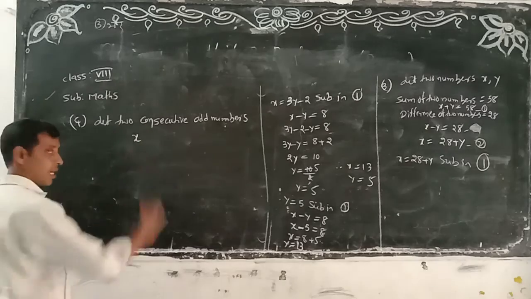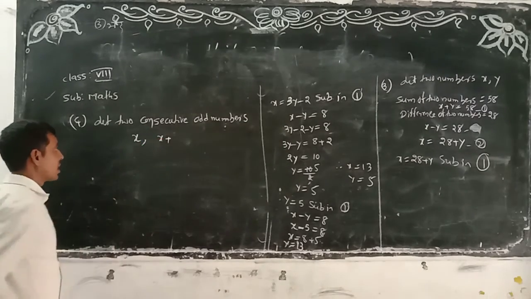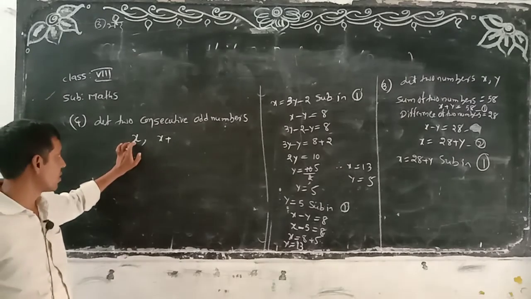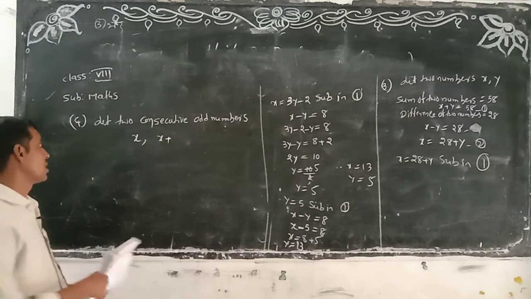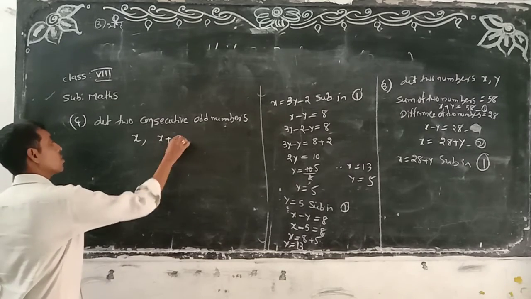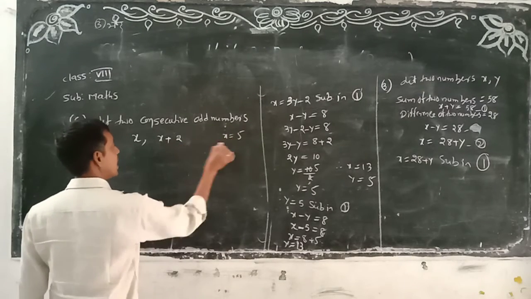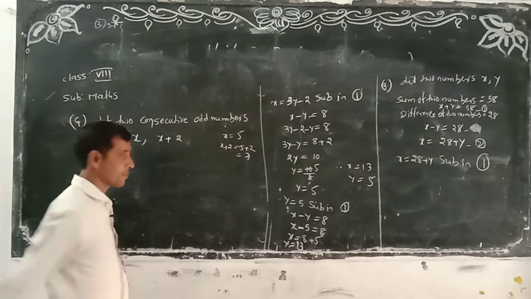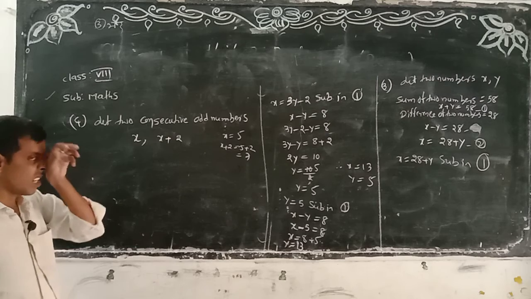Suppose in the place of x I took 1. The next number will be 3, so this will be x plus 2. Suppose in the place of x I took 5. x plus 2 means 5 plus 2, that is 7. This is called consecutive odd numbers.